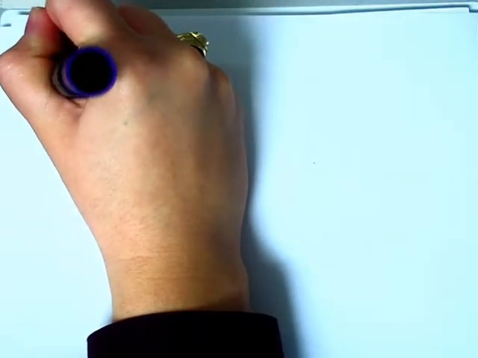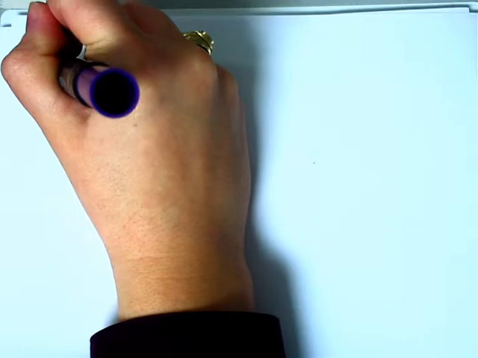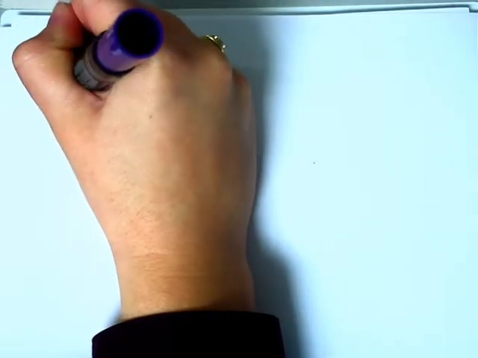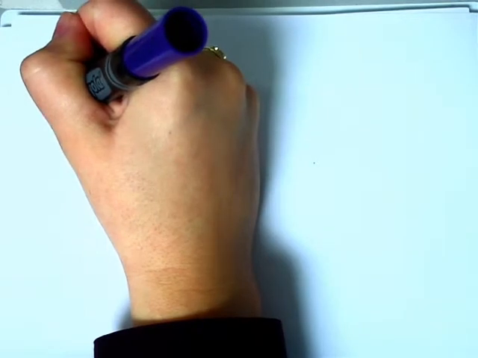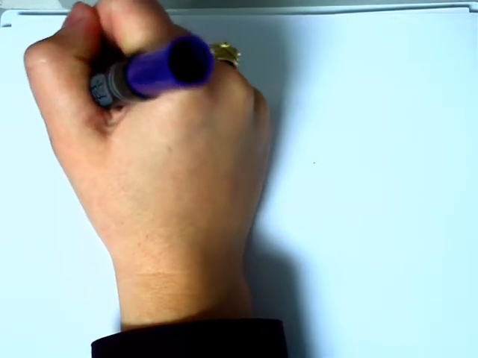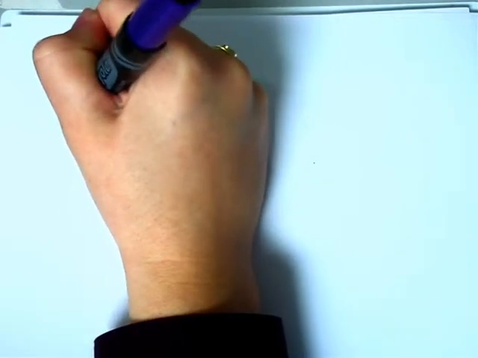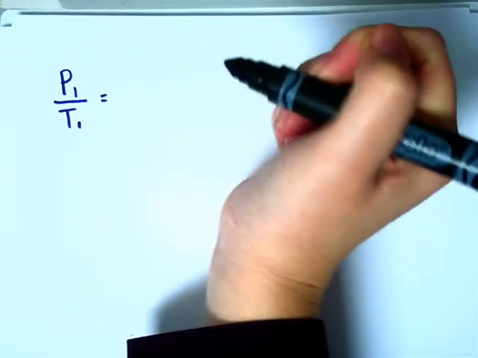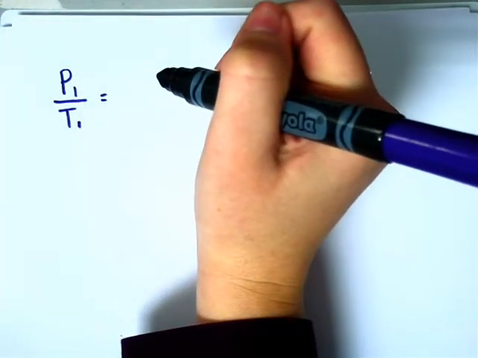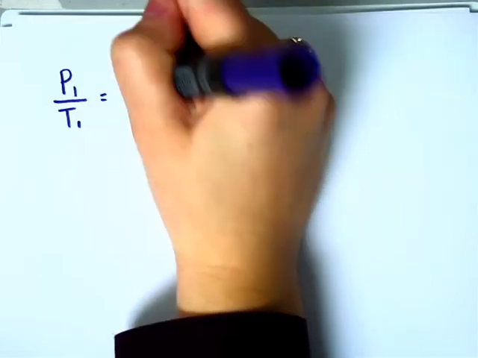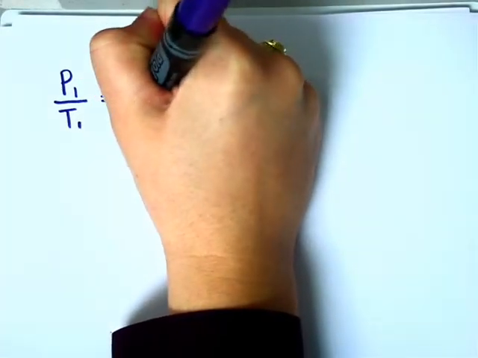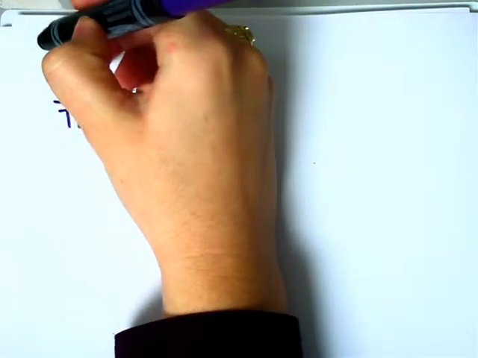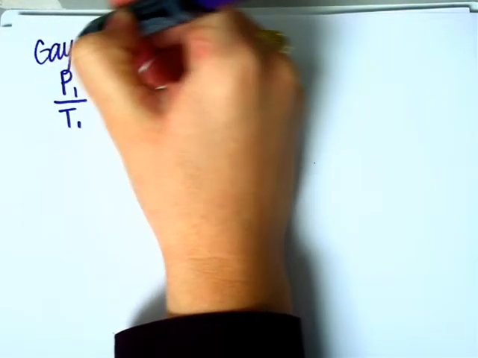Pressure, temperature, inverse. So P1 over what? T1, because we're going to make a fraction. And what is this going to be equal to? P2 over T2. And this is going to be Gay-Lussac's law.